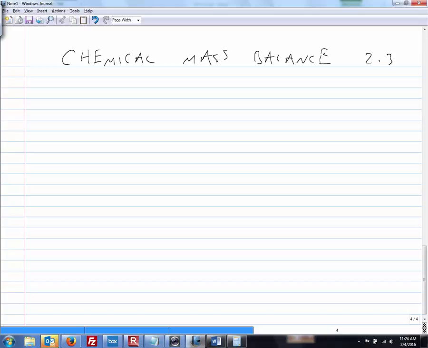It's from alcohol fuels. The other one is molarity, and that's 2.4. Another way to think of that is just concentration, how much of something there is in something else.